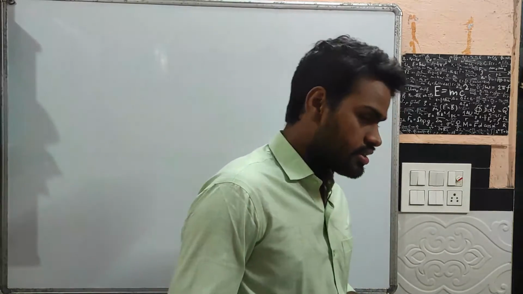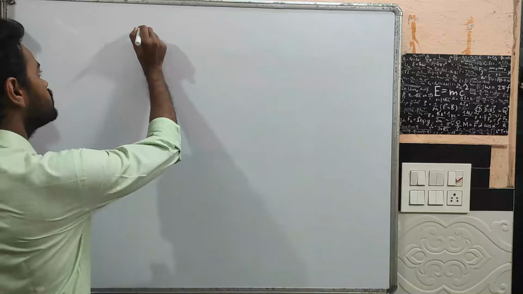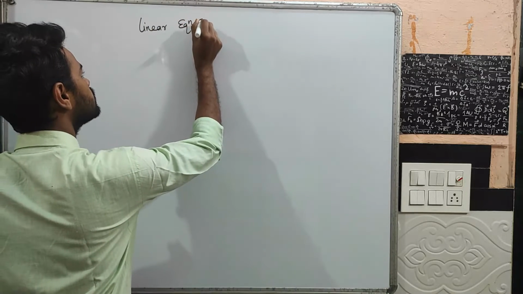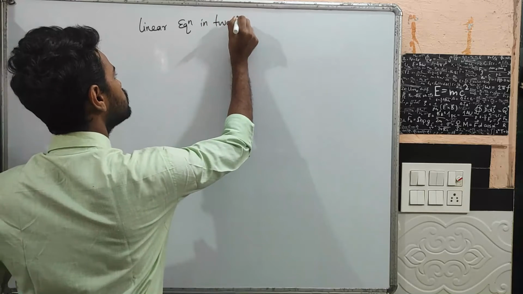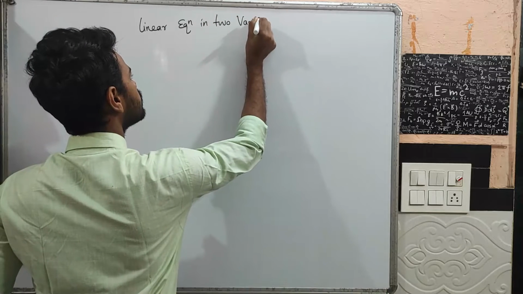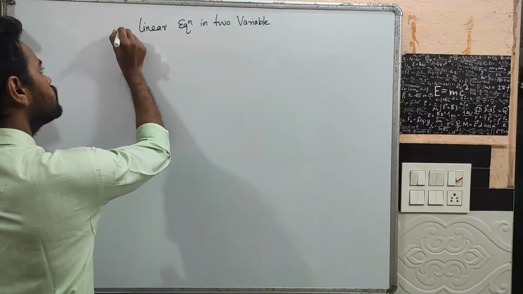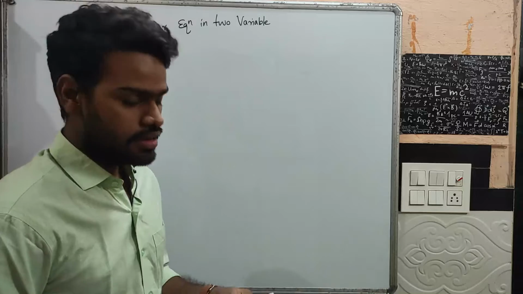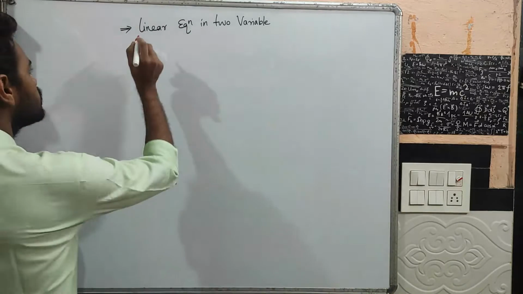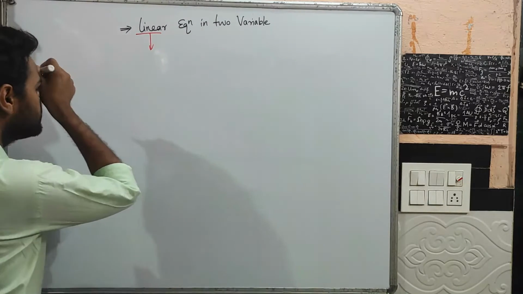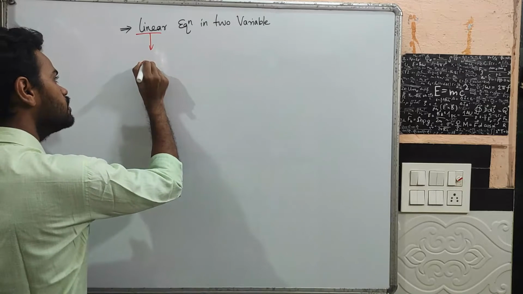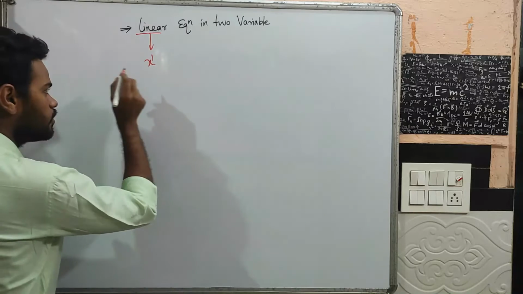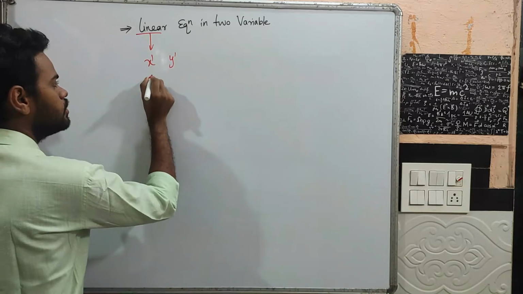Let us understand the meaning of linear equation in two variable. Linear means any variable or equation whose degree is 1, let's say x power 1, y power 1, or z power 1.